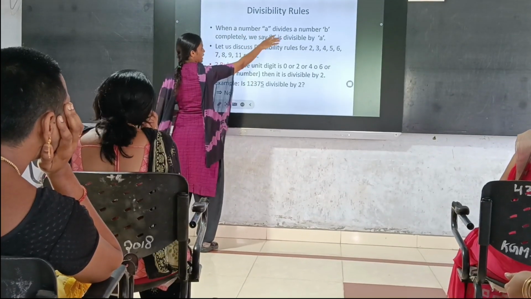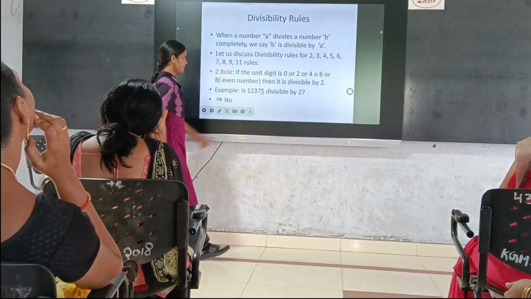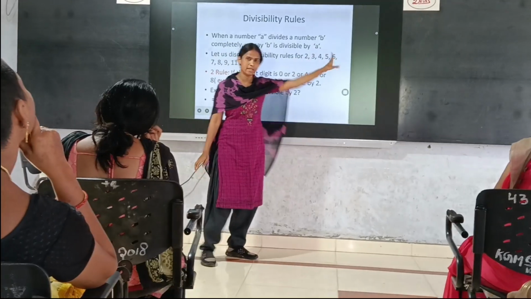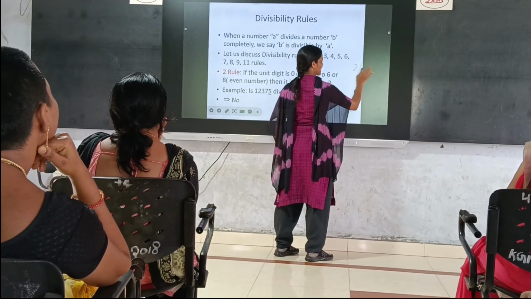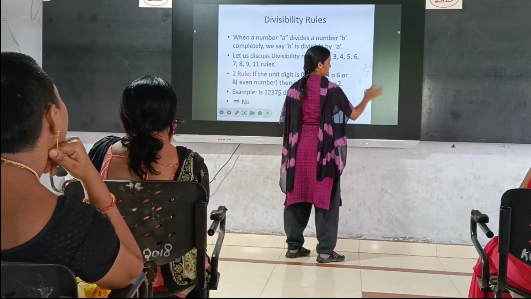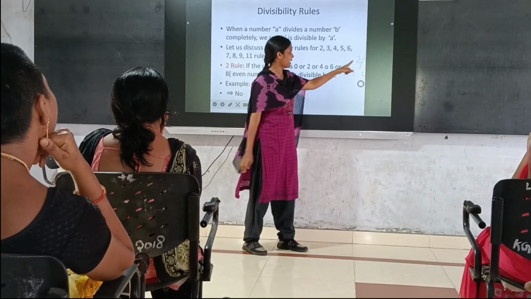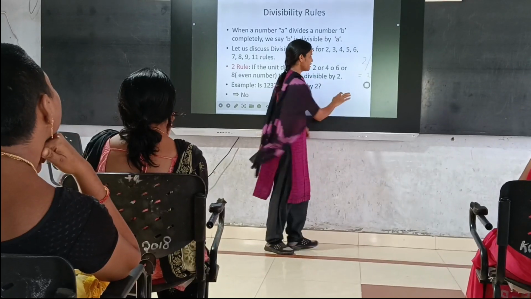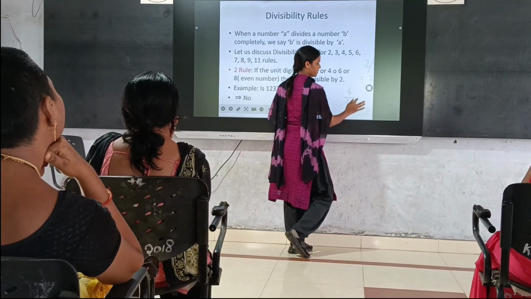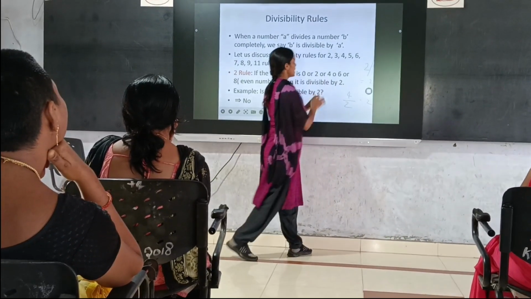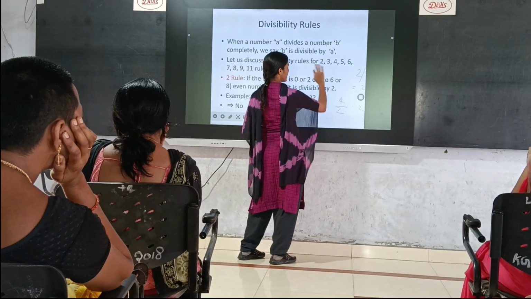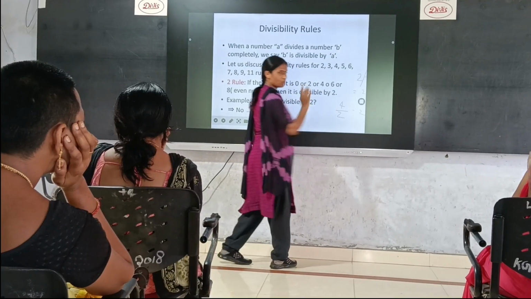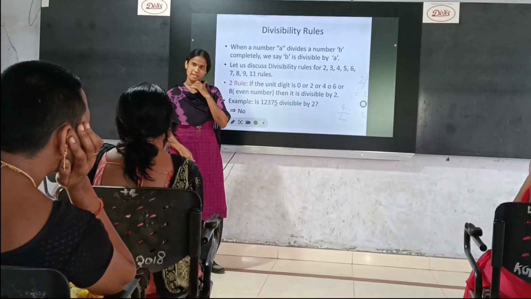If a number A divides a number B, then we say that B is divisible by A. We write 4 divided by 2 is 2. But in mathematics, we read it as B is divisible by A. There is a small difference.